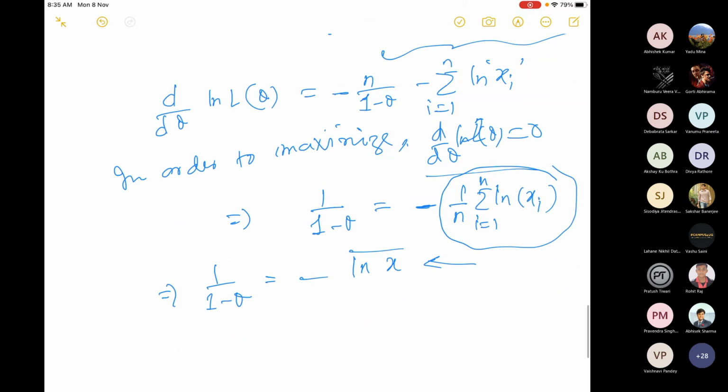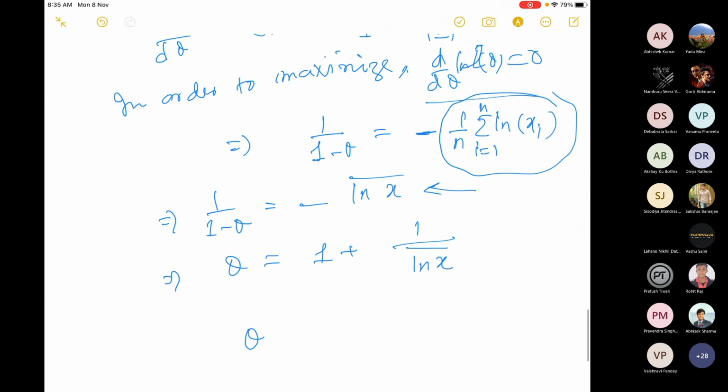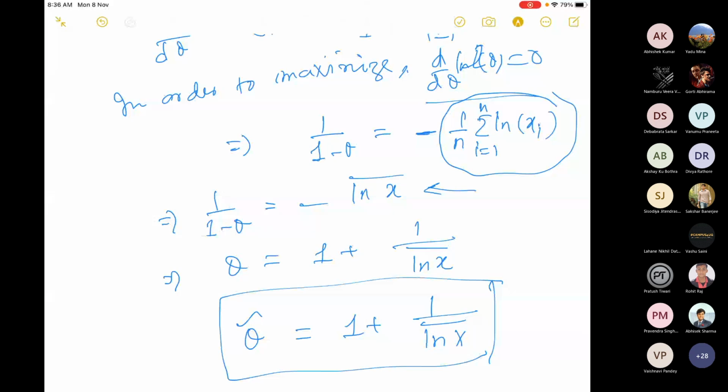So from here I can get theta equal to 1 plus 1 by log x bar. So what is my theta hat? It is 1 plus 1 by log x bar. The sample mean of the log value of the sample data will estimate my theta. So this is my estimator using the ML method, the maximum likelihood method.